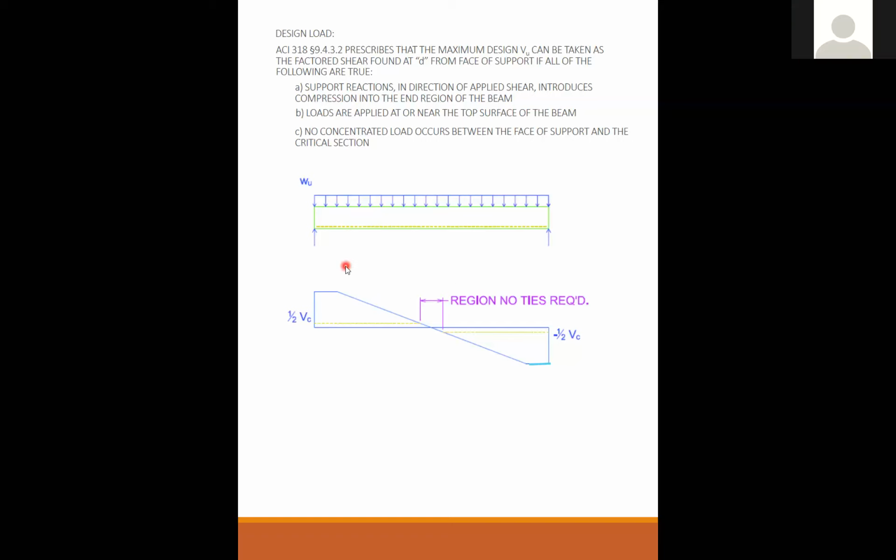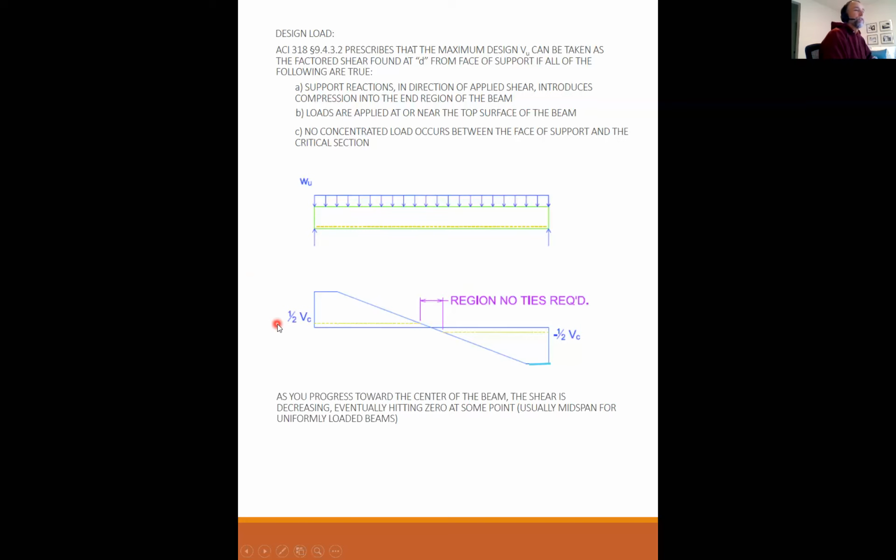Okay, all right, so the next thing: as you progress towards the center of the beam, the shear is decreasing, as you can see, eventually hitting zero at some point, usually midspan for uniformly loaded beams. Right here at the midspan, if this is all symmetric, you have theoretically zero shear. As the shear drops off, so does your shear demand.